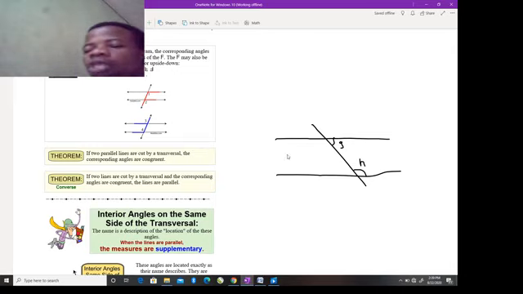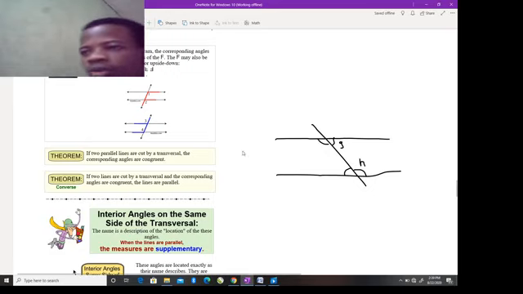Do you know these angles are actually supplementary angles? We call them interior angles on the same side of the transversal. So which means this one too, if it's on this other side of the transversal, I have another one here. These two, they are equal. That is why you can have a question in your exam given in this form. Permit me to correct this side.